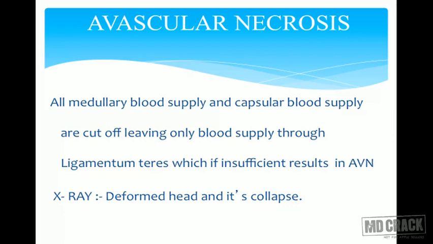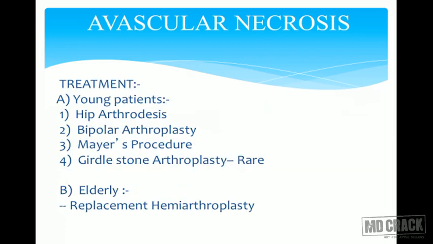In the X-rays, you can clearly see that the head is deformed, totally collapsed, and there will be complete collapse of the head. So in the treatment, still in young patients, we can go in for hip arthrodesis, that is fusion of the joint. Secondly, bipolar arthroplasty can be thought of, Meyer's procedure, and lastly, rarely, Girdlestone arthroplasty is done.